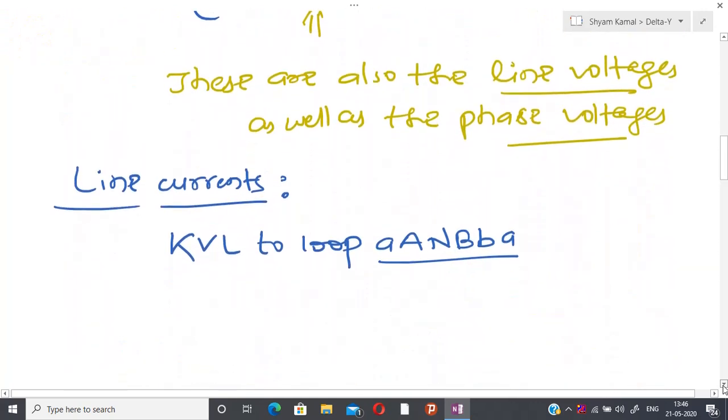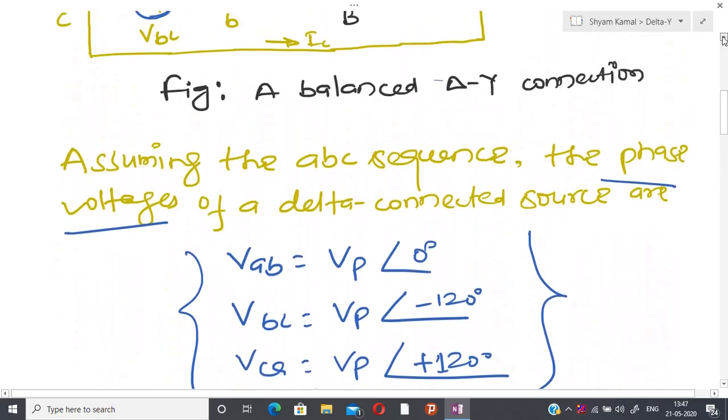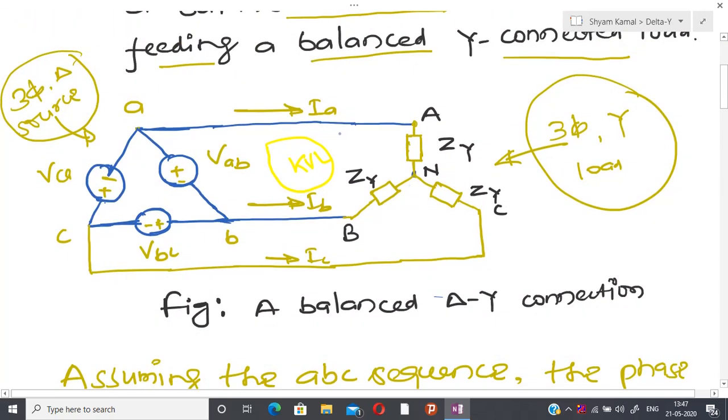After writing the equation, I find VAB plus ZY IA minus ZY IB equal to 0. It is not difficult to verify. If you see here, the IA current is going to enter here, the IB current is going to enter here, the IC current is going to enter here.